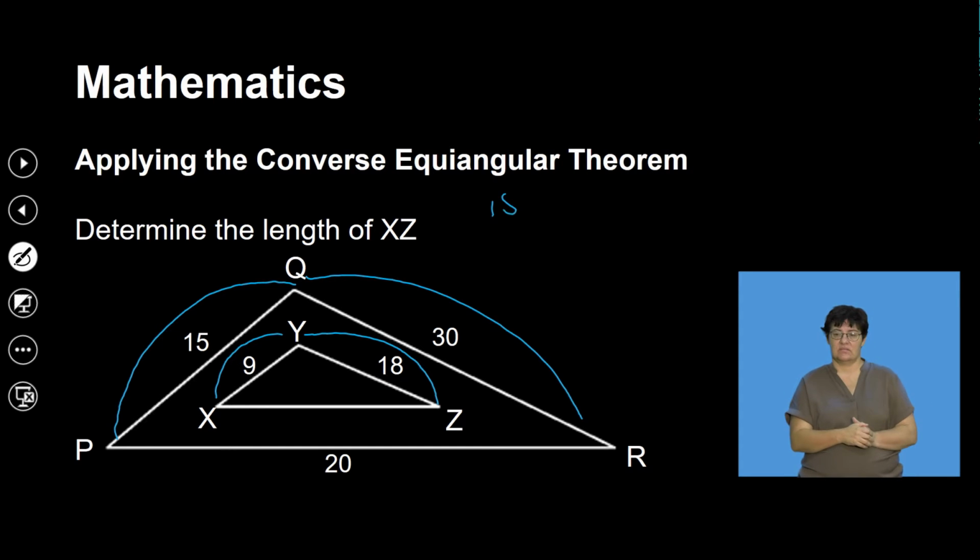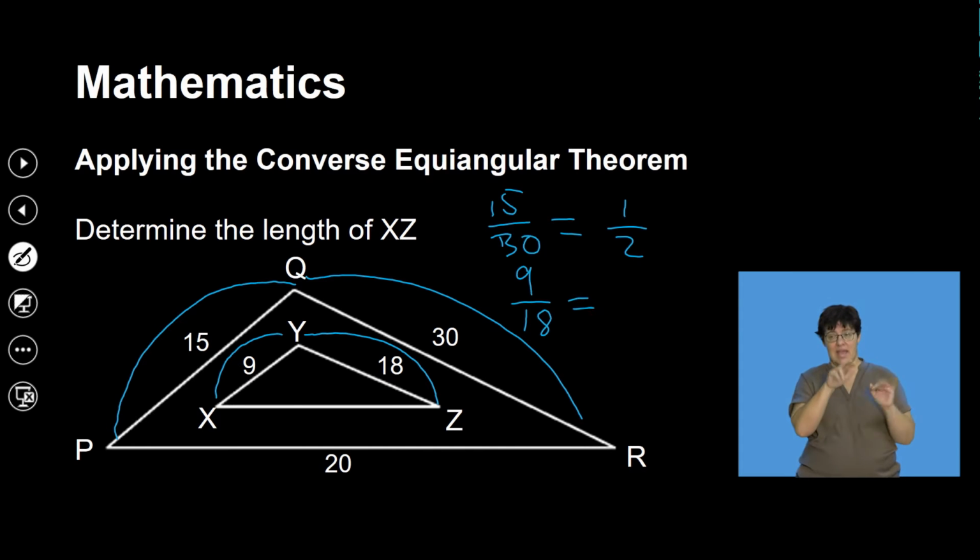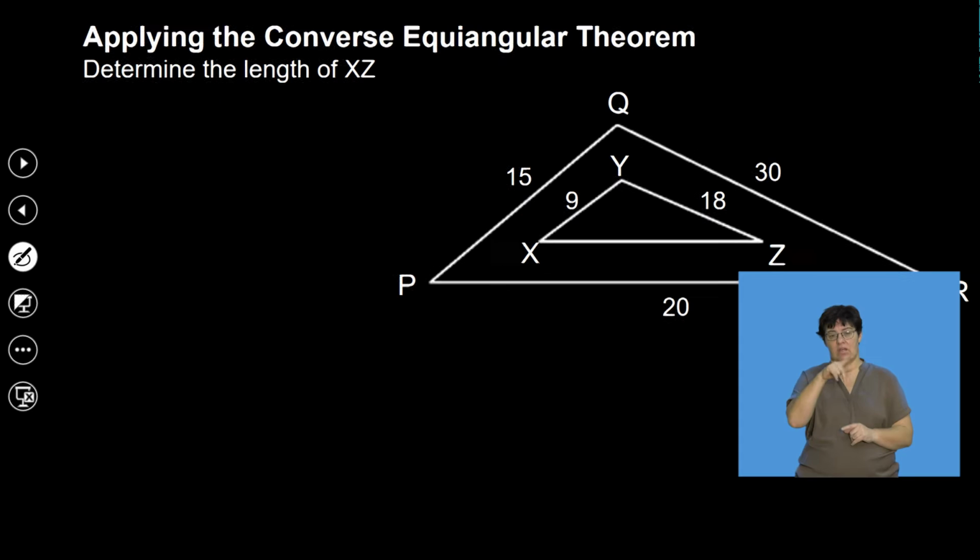So that is 15 over 30, which is the same as 1 over 2. So you can see that, right? And then I said also 9 over 18, which is also 1 over 2. So what is the conclusion? They are similar to each other. Then I can just go to the ratio.